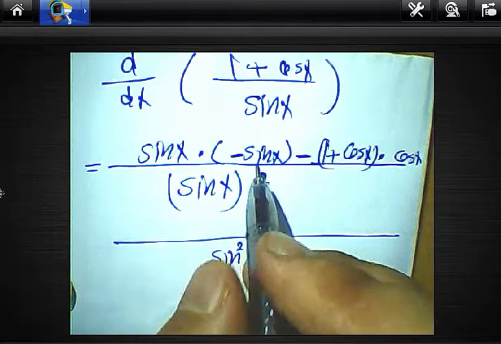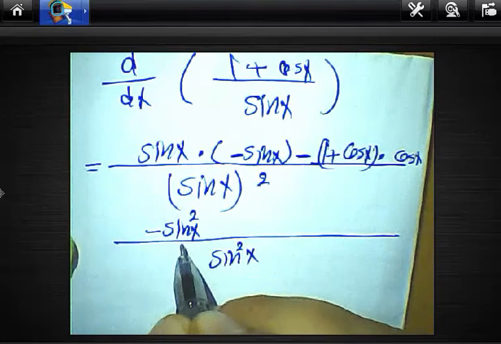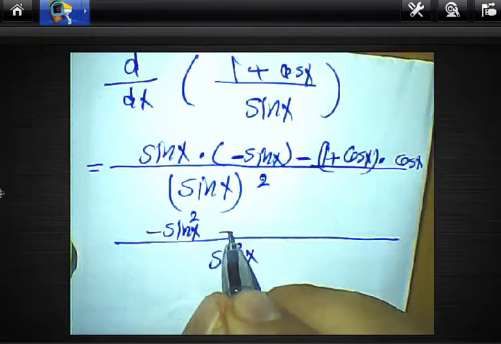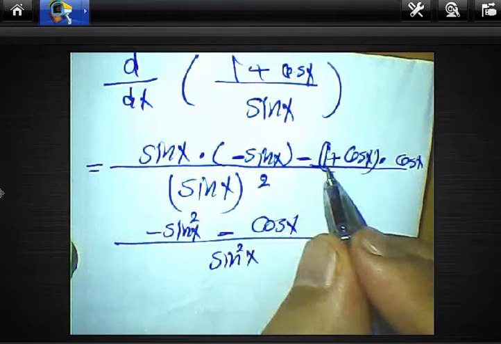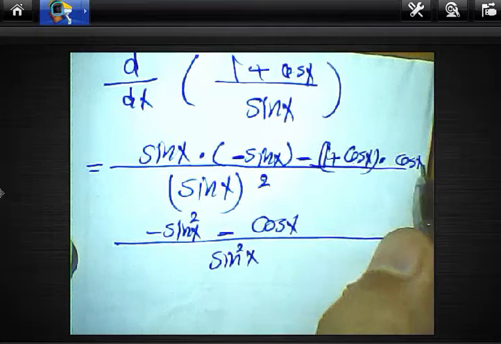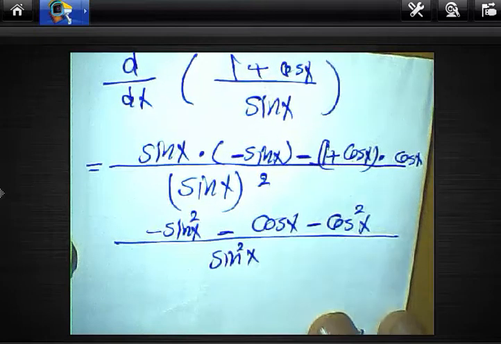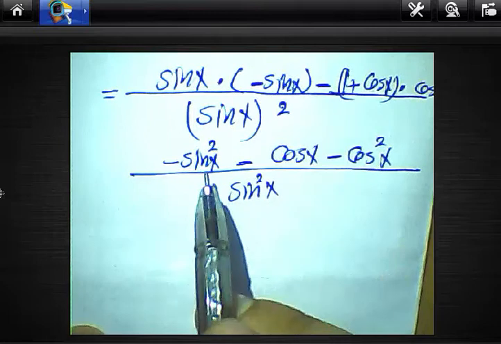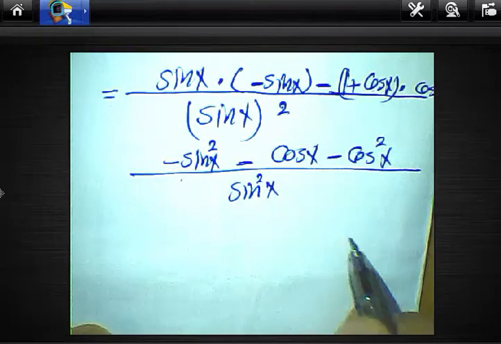Sine x multiply negative sine x equal negative sine x here power 2. Subtract 1 multiply cosine equal cosine x, and negative multiply by cosine multiply cosine equal negative cosine power 2x. We can simplify it. Negative sine power 2x, negative cosine power 2x. We can replace it here.